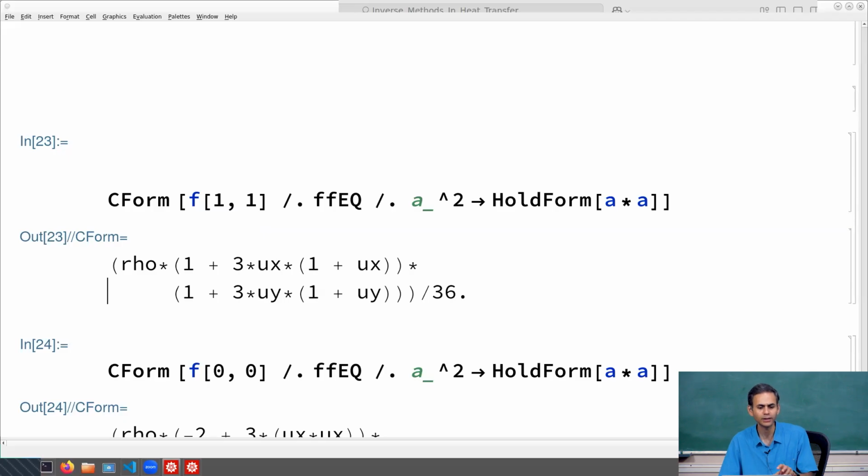We may not have done this, but this will simplify your usage in putting it back into the C++ code. That's the idea here.